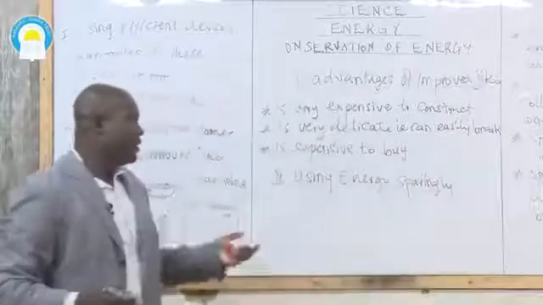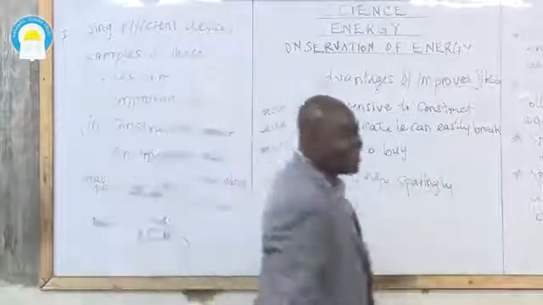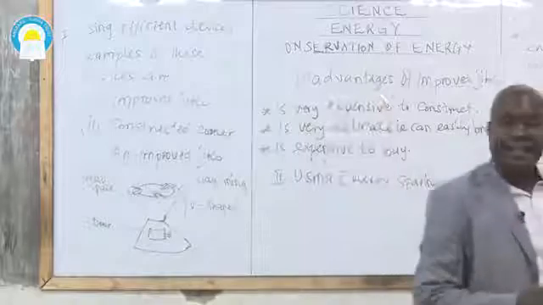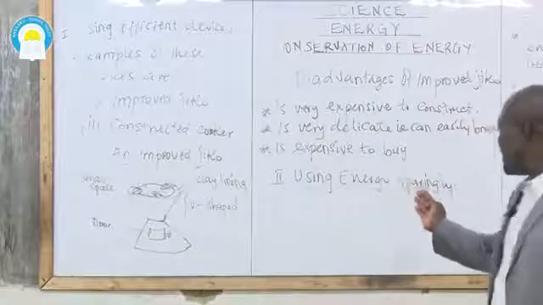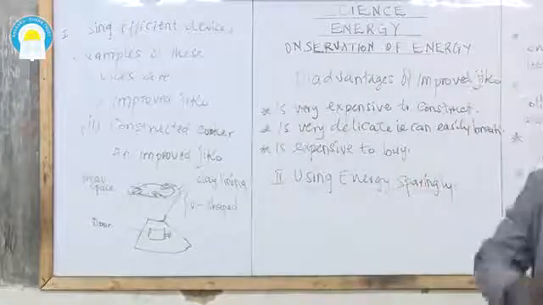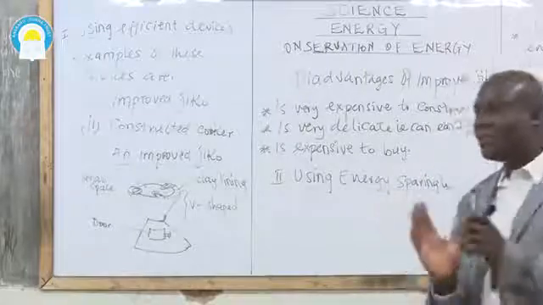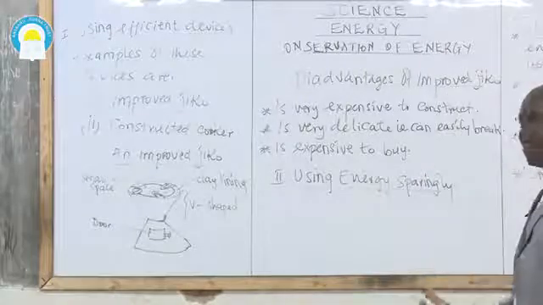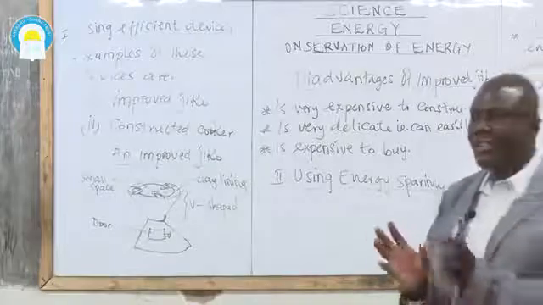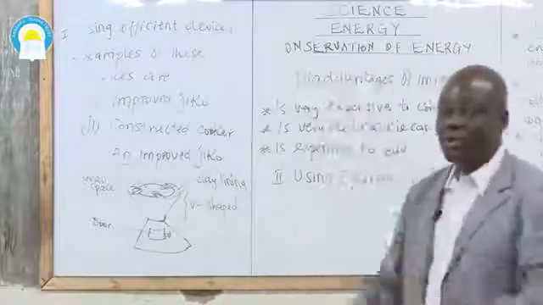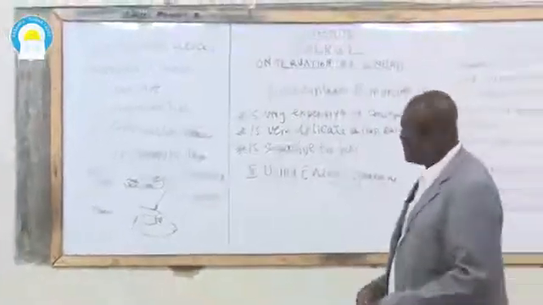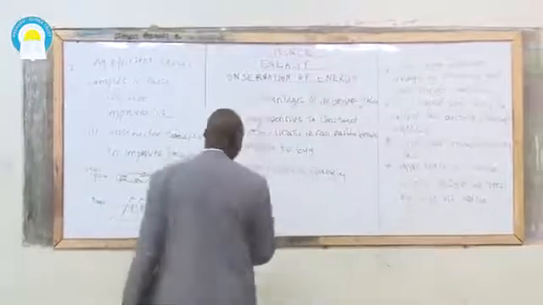It means you use energy with care, without wastage. For example, if you are boiling water, you make sure that you boil just enough water, not more, that can be wasted.